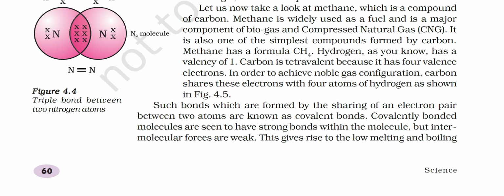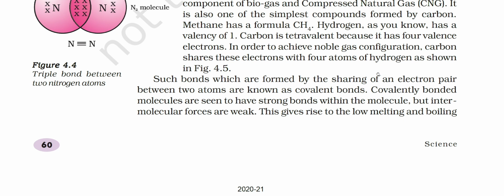Carbon is tetravalent because it has a valency of 4, or 4 valence electrons. In order to achieve noble gas configuration, carbon shares these electrons with 4 atoms of hydrogen, as shown in figure 4.5. Such bonds, which are formed by sharing of electron pair between two atoms, are known as covalent bonds.